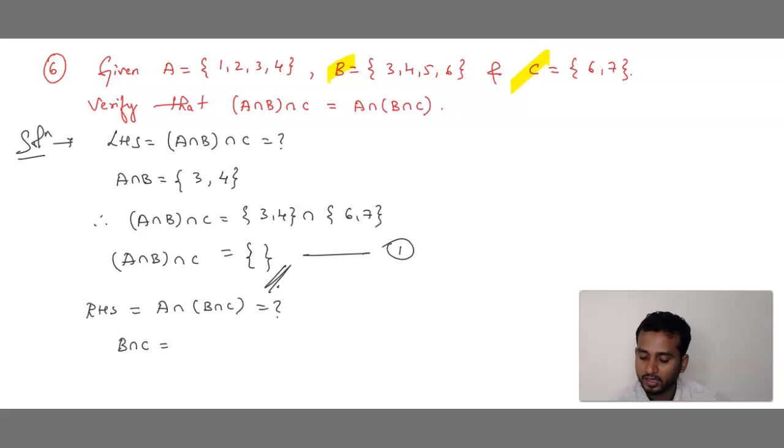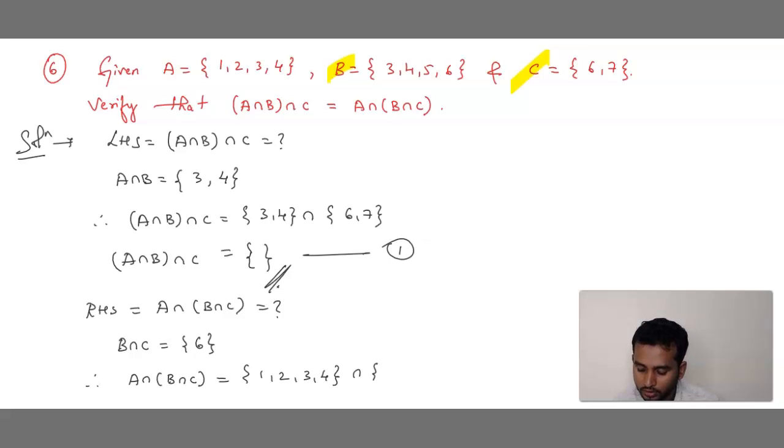Yes, we can compare. Now let's see what is common. 3, we don't have. 4, we don't have. 5, we don't have. 6, yes, we have. So B intersection C, the answer is 6. Now what should we do? Therefore, A intersection (B intersection C) is equal to, what is set A? {1, 2, 3, 4}.